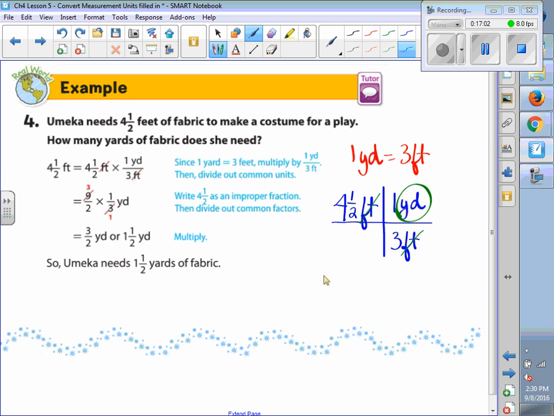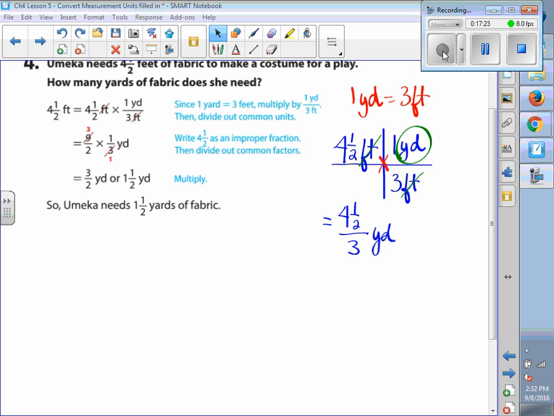So when we multiply straight across, we're going to have 4.5 over 3 yards. So this tells you what you're going to divide. And I'm going to go ahead and rewrite this as 4.5 divided by 3.